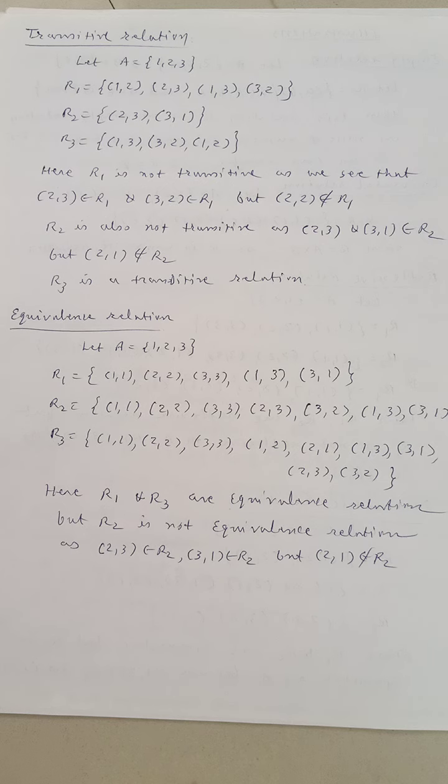This is our definition. I repeat again, if (A, B) is in R and (B, C) is in R, and (A, C) is in R, then we call it a transitive relation, right?